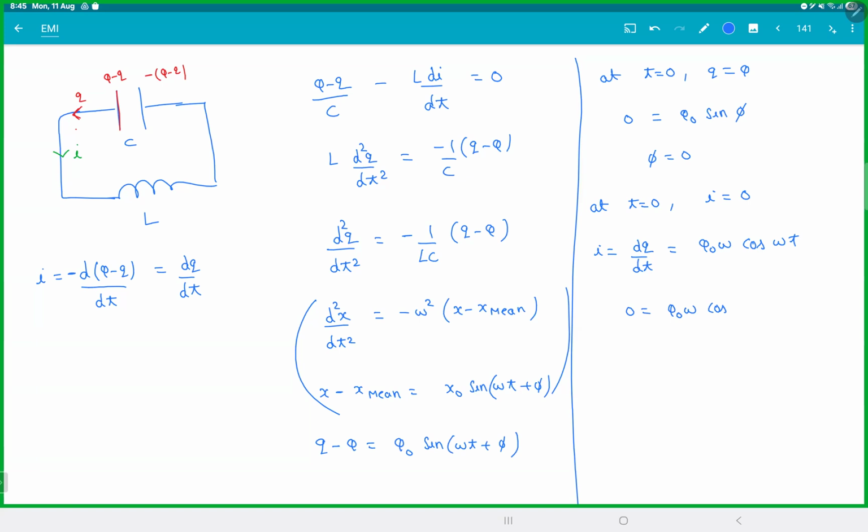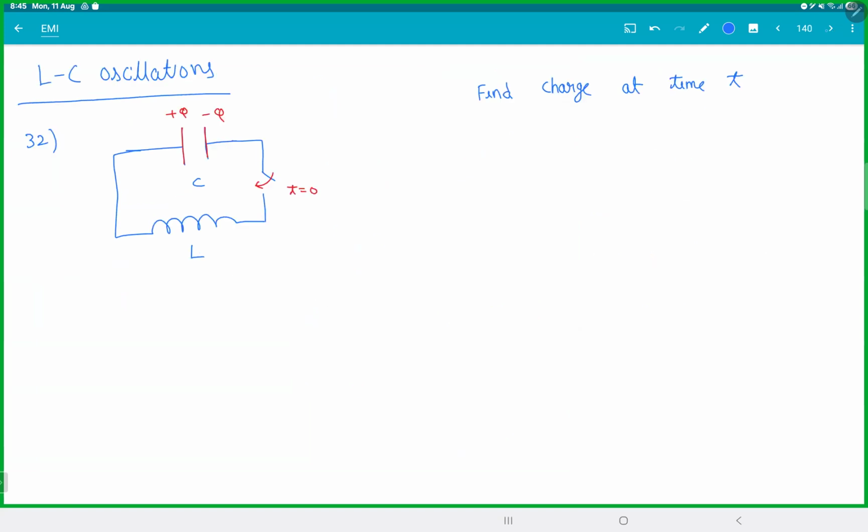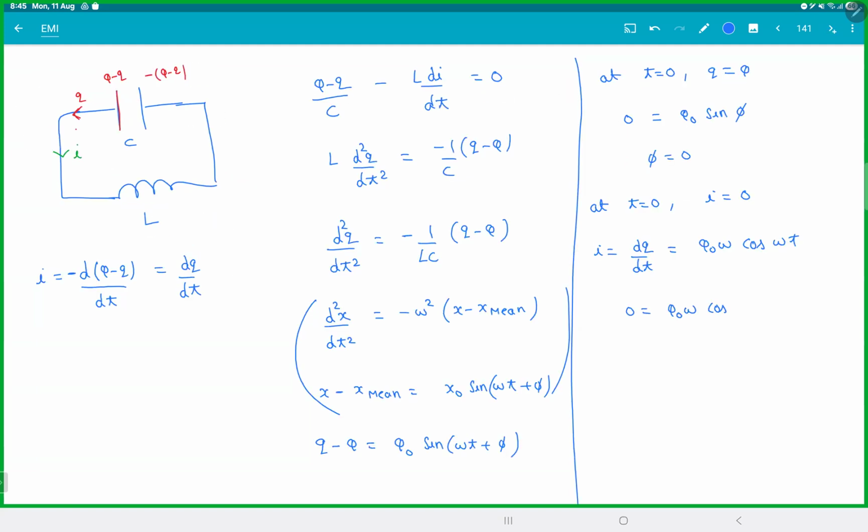Did I miss? At t equal to 0, unnecessarily made it more complex. q naught cos omega t.